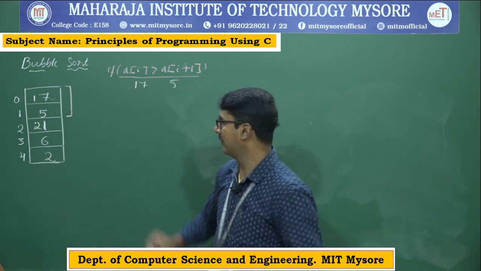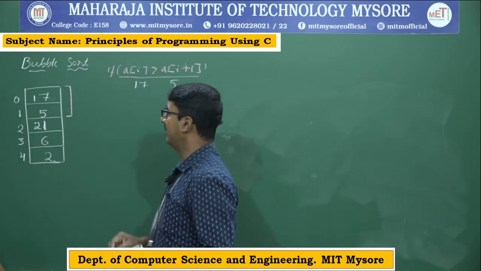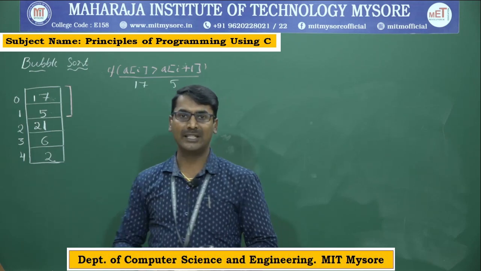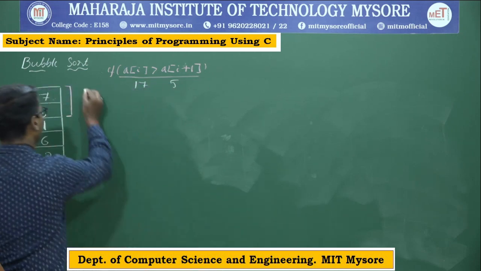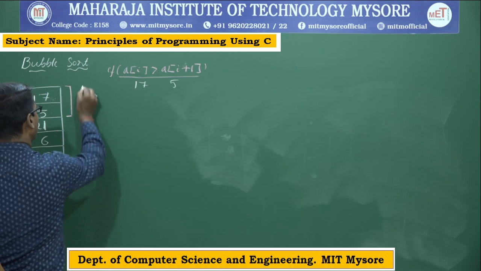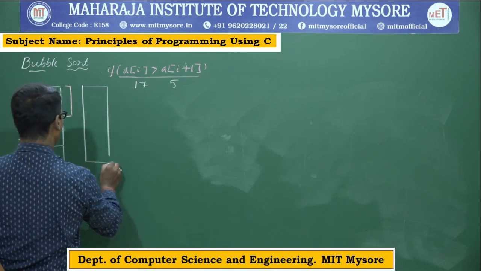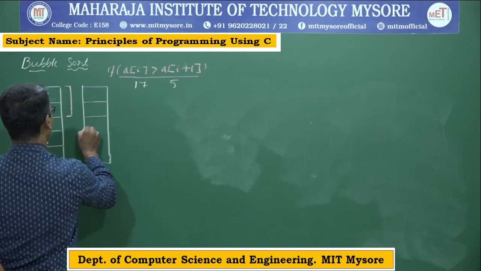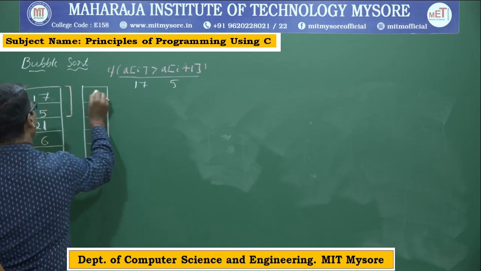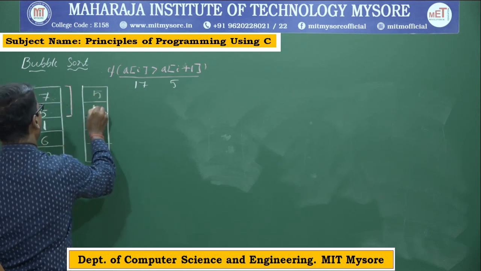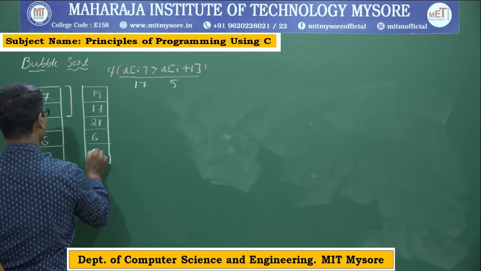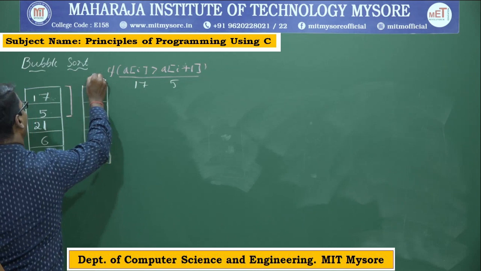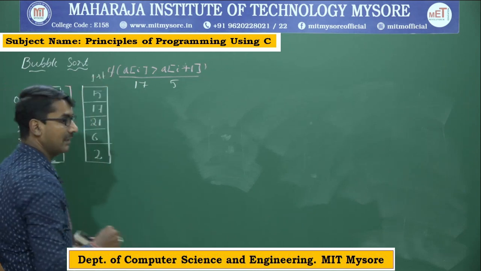After comparing, 17 is greater than 5, so we need to exchange these values. After comparing the first element and the second element, the resultant array will be 5, 17, 21, 6 and 2. This is the first iteration.